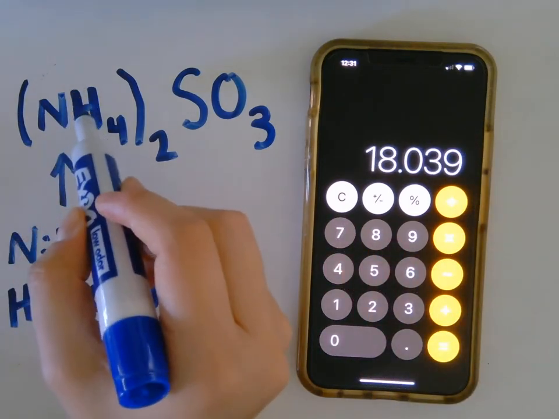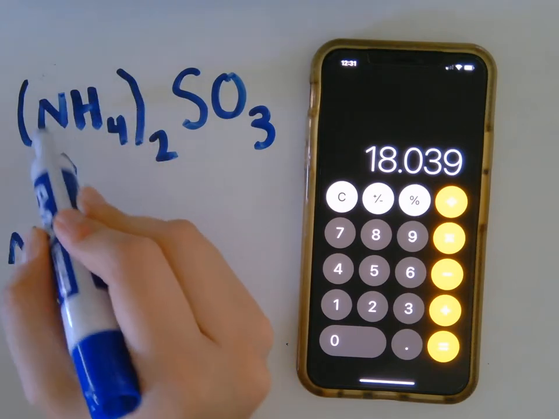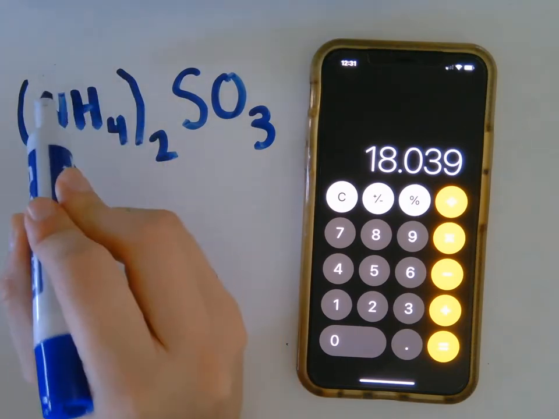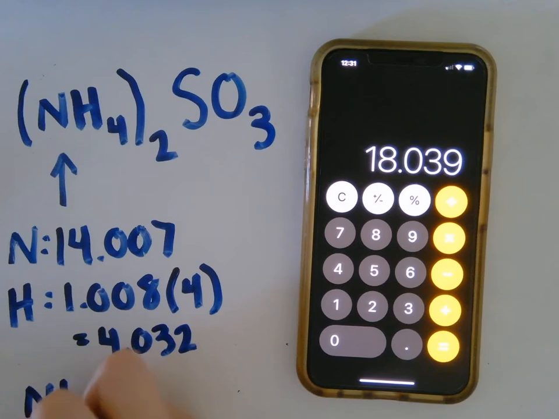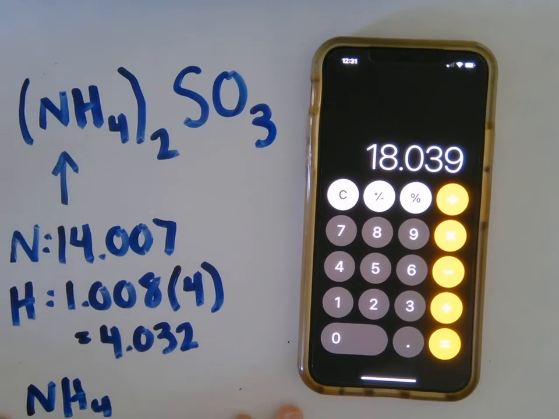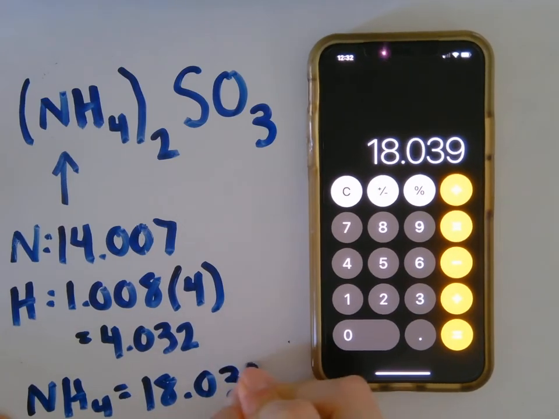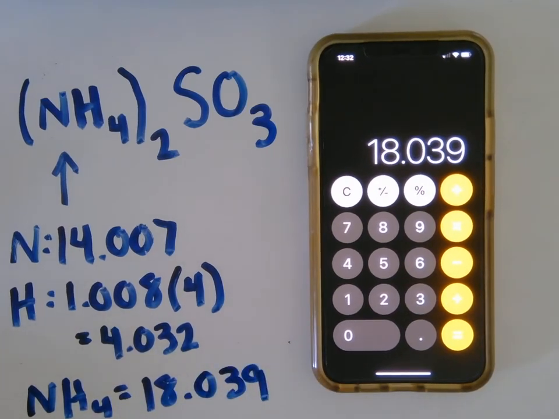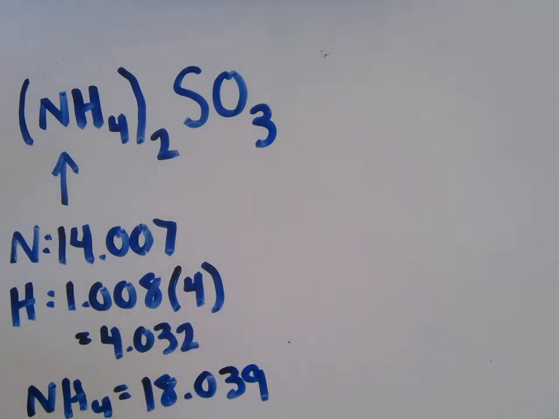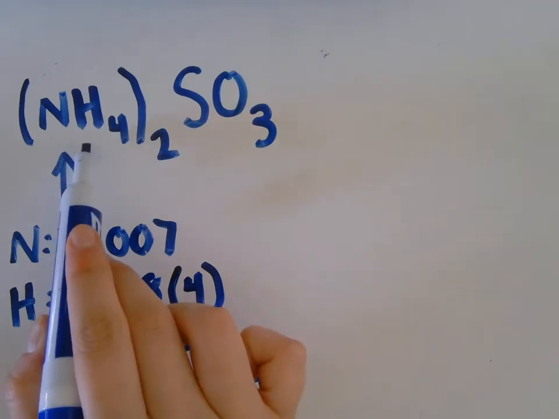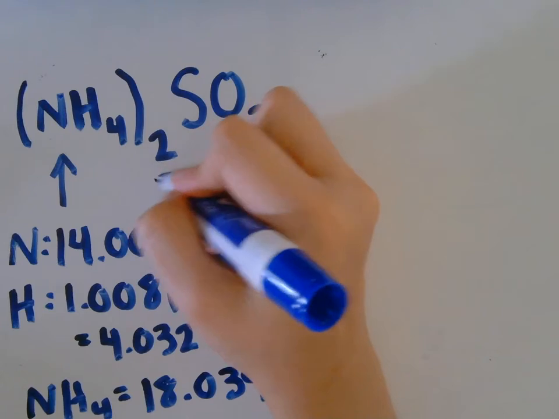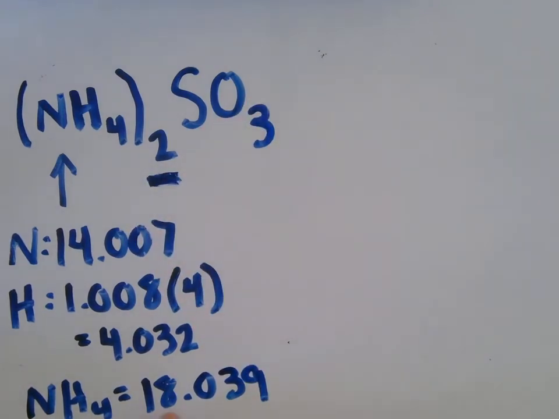So the total mass of this thing in here, just NH4, is equal to 18.039. Okay? So now, I found the mass of the inside, but I have 2 of these.